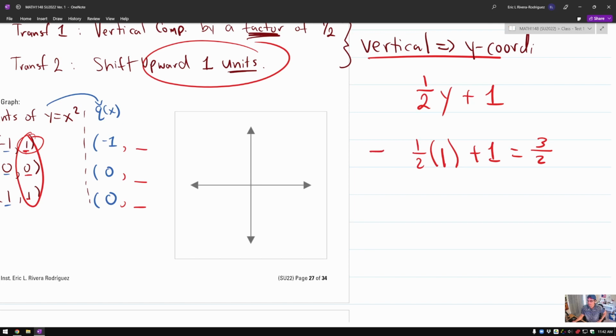Okay, so that's for the first point. So here I have positive 3/2. Then I have y equals 0 here. So 1/2 times 0 plus 1. So this is just 0, and this is equal to 1. So this is my second point, 0, 1.